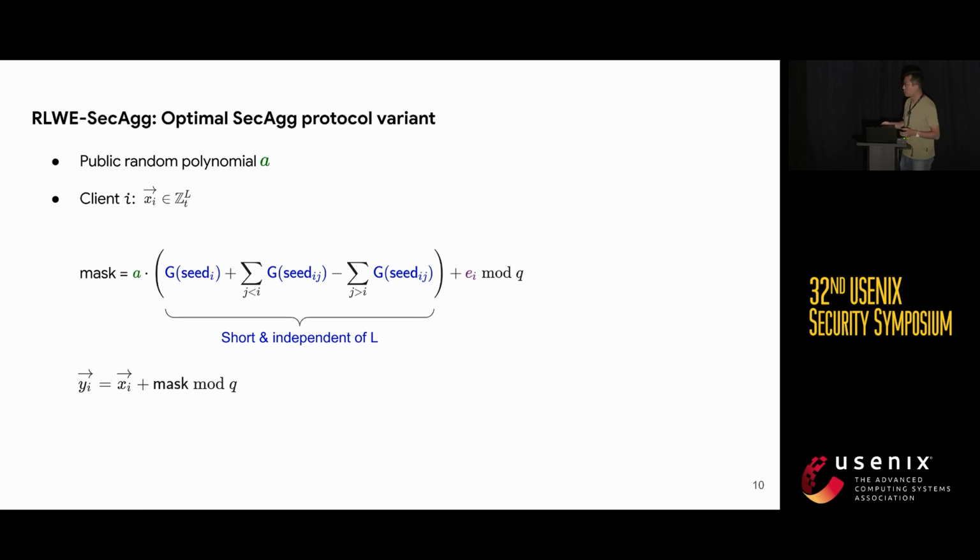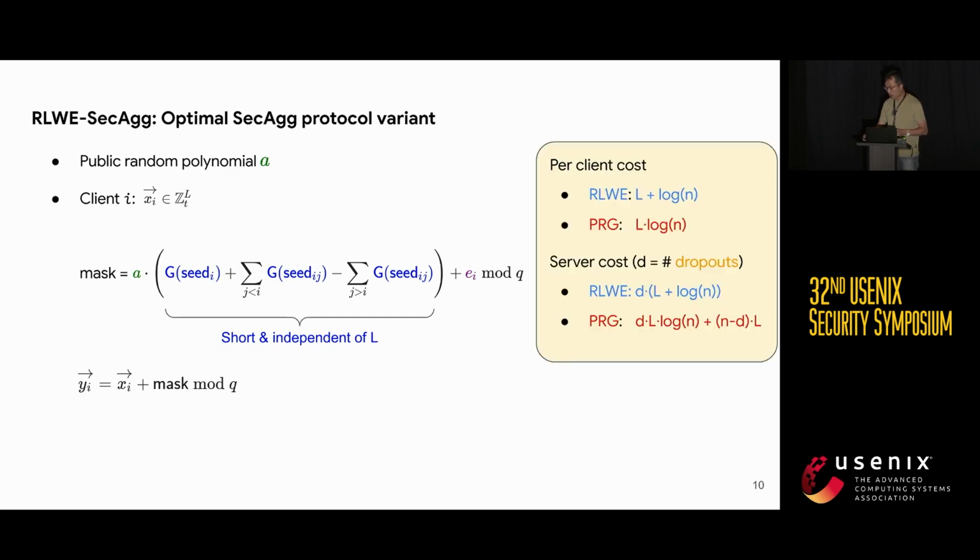The length of the secret is independent of the length of the input. So now on the client, the cost will be just L, that's the number of modular multiplications, and a small additive log factor. That's the cost to expand the seed into the LWE secret.